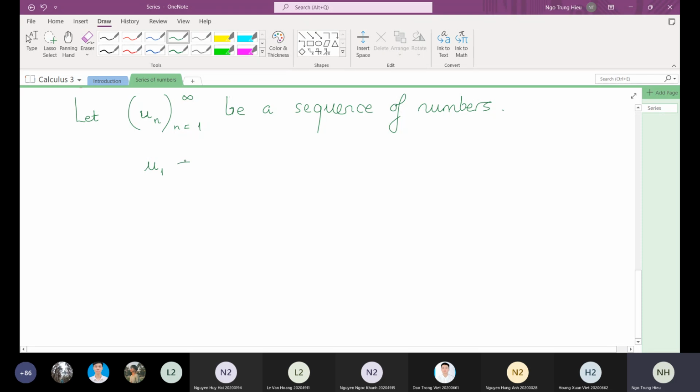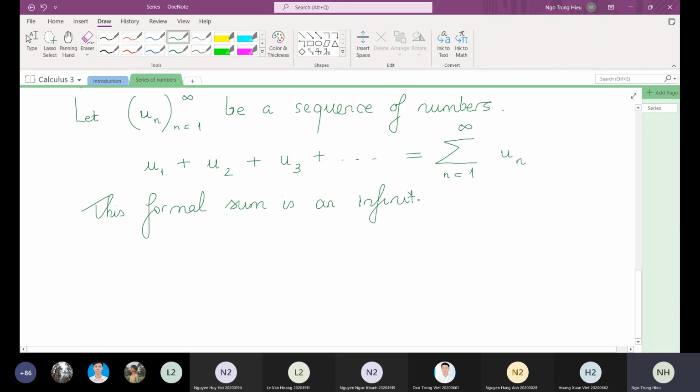We can take u1 plus u2 plus u3 and so on, right? So this is a formal sum. We can write it more shortly using the sigma notation. So sigma u_n is the formal sum. This formal sum is an infinite series.